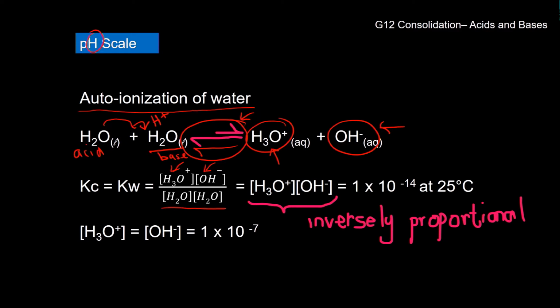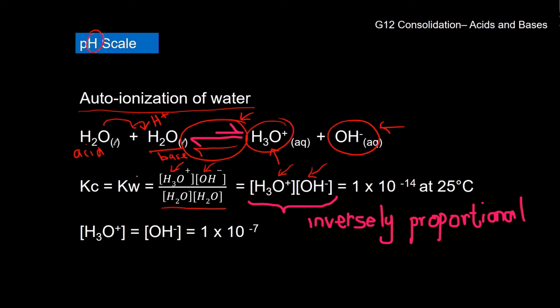Now, the water molecules will have a concentration of 1 because they are in the liquid form, and so they don't impact this formula. And we end up with a formula that is just the concentration of the hydronium ion times the concentration of the hydroxide ion.